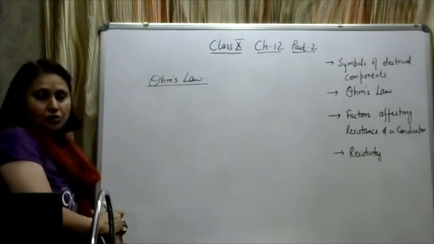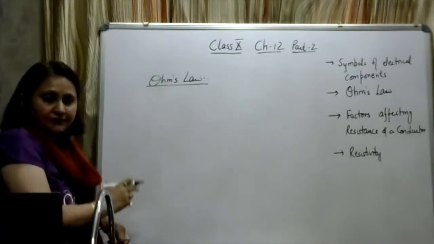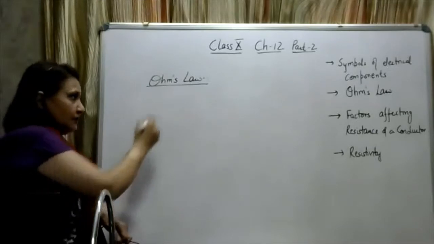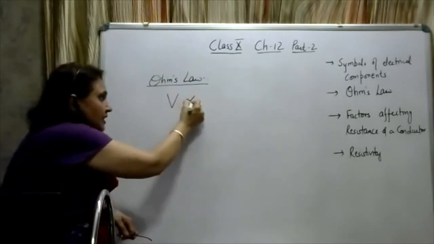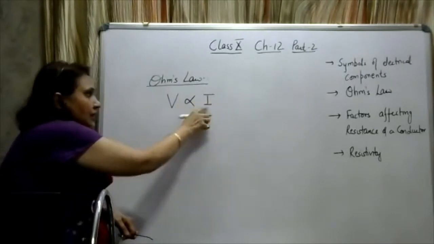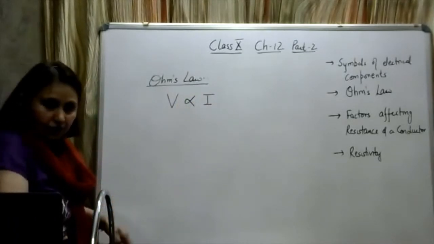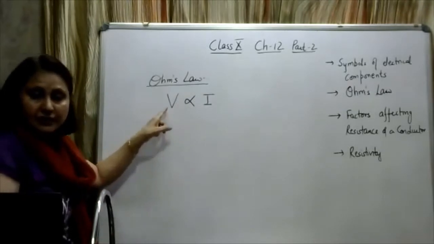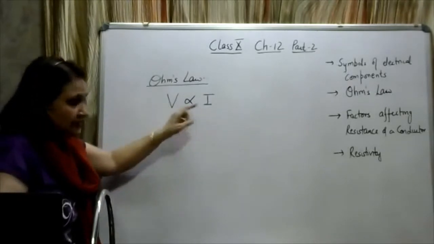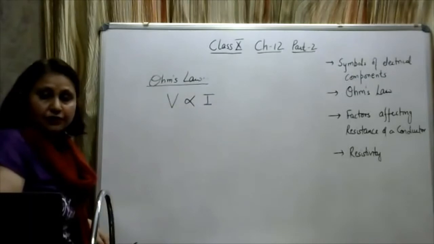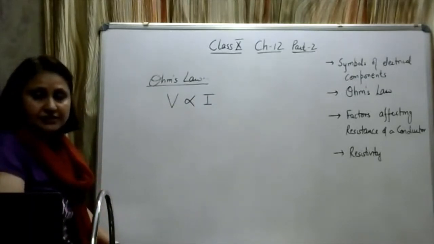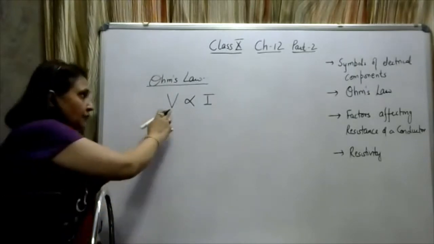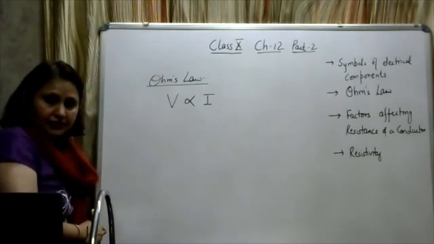According to Ohm's law, the potential difference between the ends of a conductor is directly proportional to the current flowing through it, provided the physical conditions like temperature, etc. remain constant. V is directly proportional to I, provided the temperature is constant.